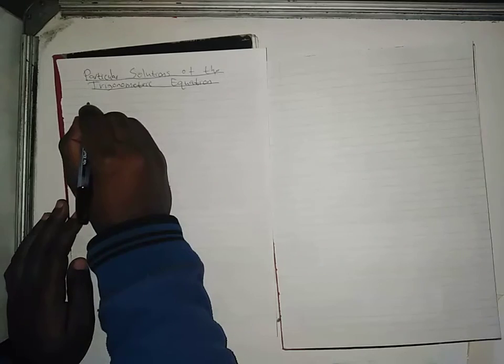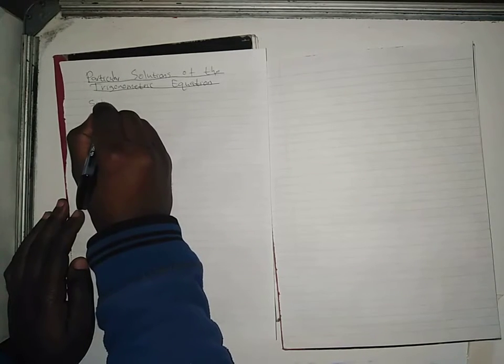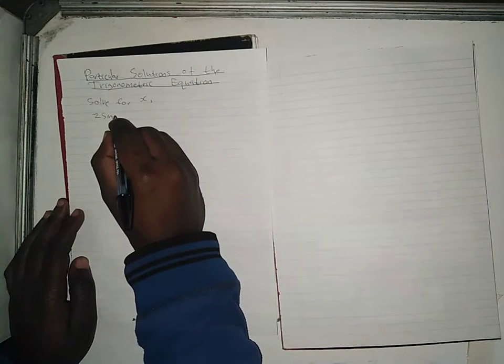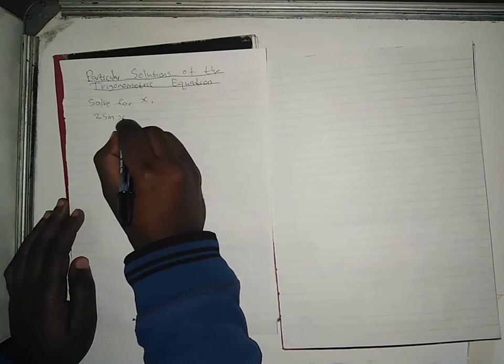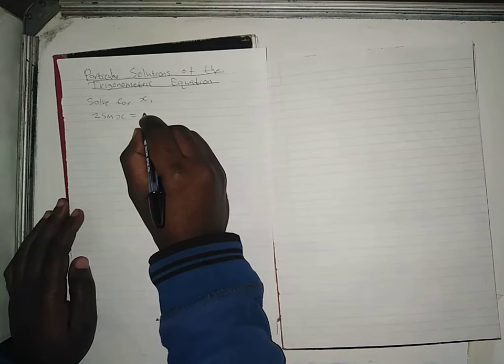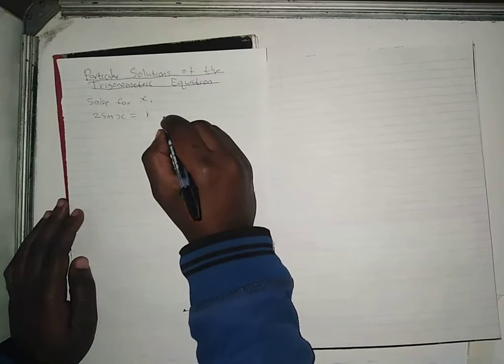So let's say you've been requested to solve for x, and then you've been given 2 sine x, which is equal to 1.